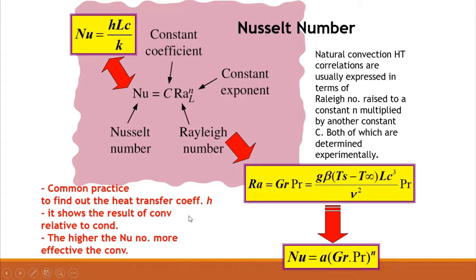And this Nusselt number is common practice to find out the heat transfer coefficient h, which shows the result of convection relative to conduction. It means the higher the Nusselt number, the more effective the convection heat transfer.